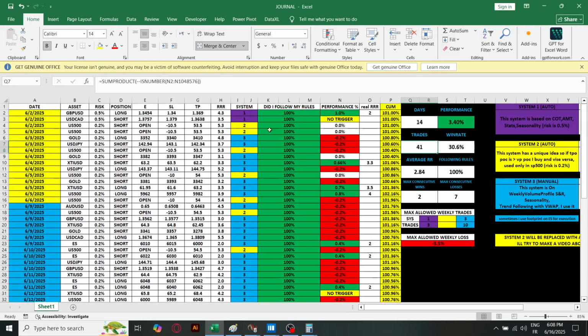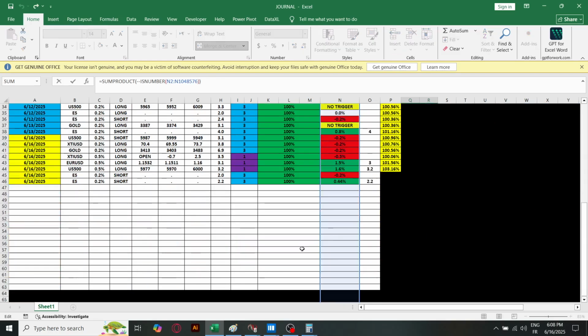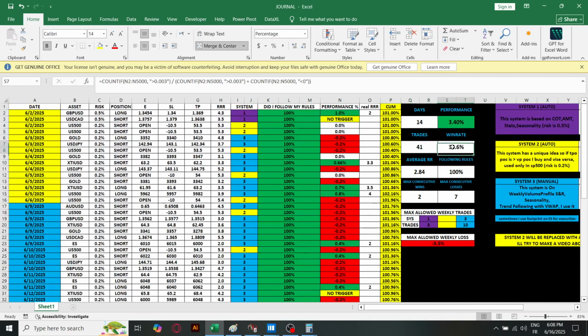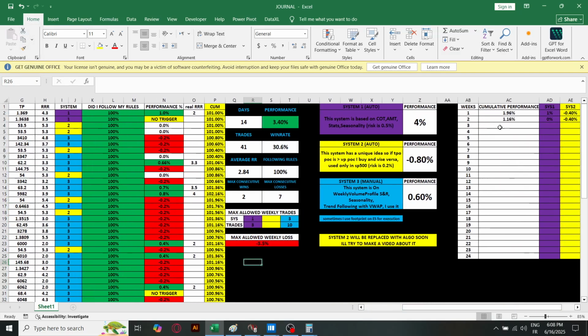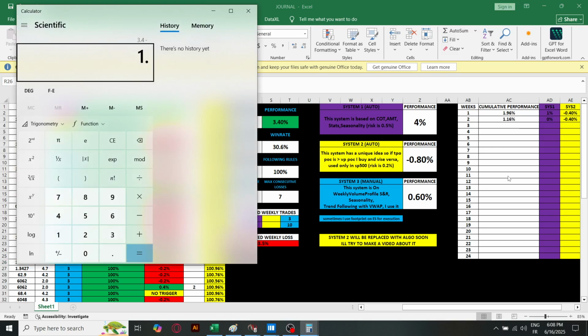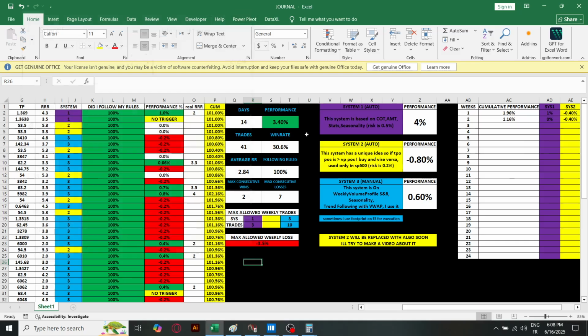Let me check the position. Everything is all right, and this is 3.4, which means on Thursday of this week we made 2.2%.